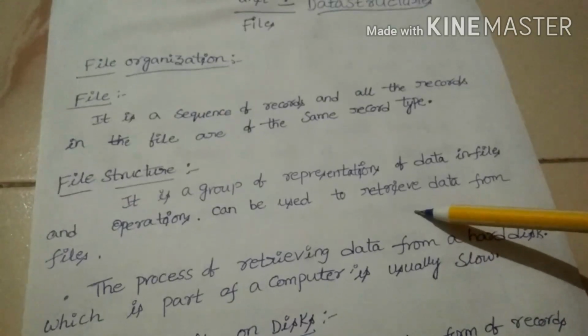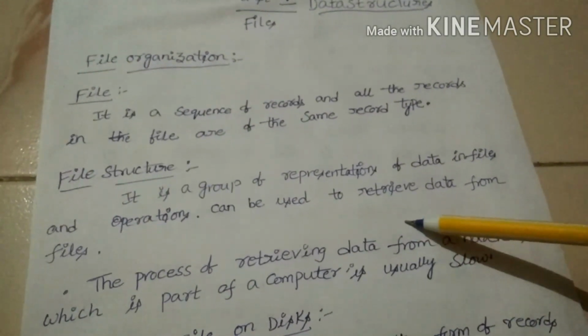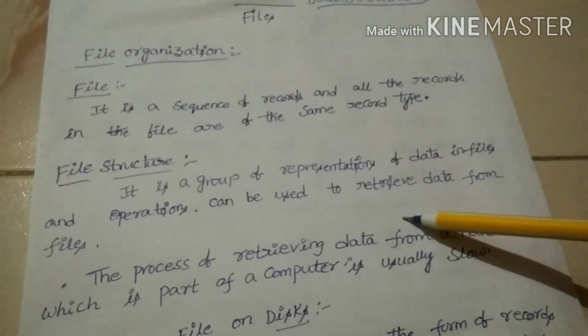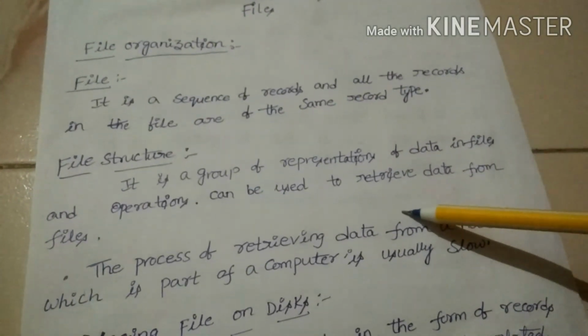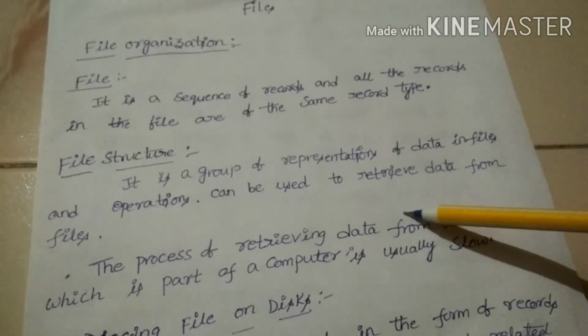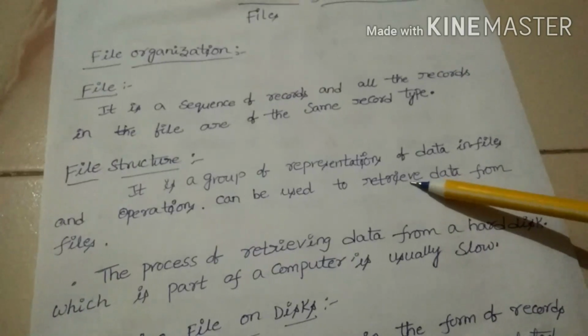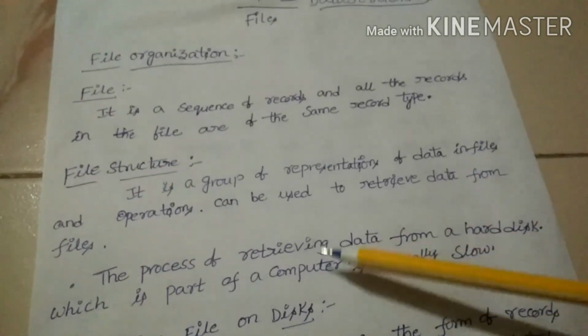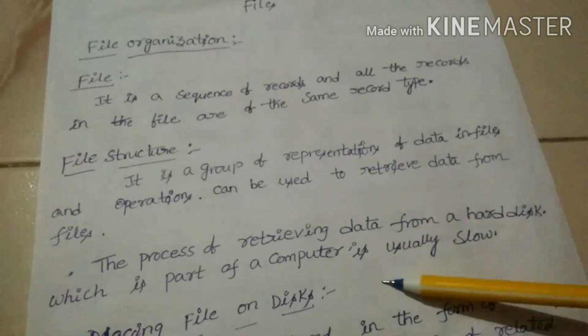What is meant by file structure? File structure is an organization of data in a secondary storage device that minimizes the access time and the storage space. It is a group of representations of data in files and operations that can be used to retrieve data from files.